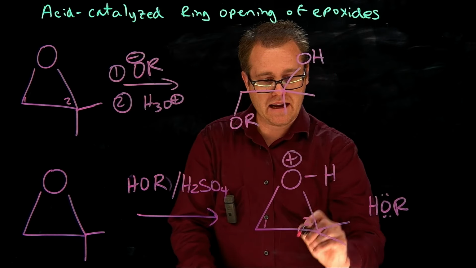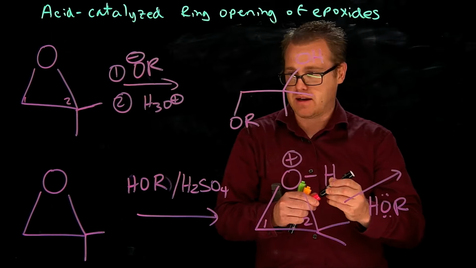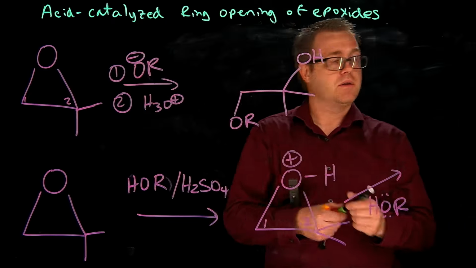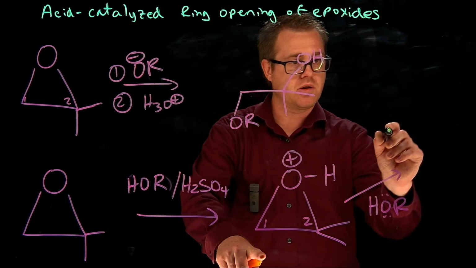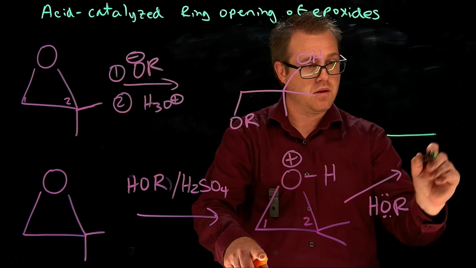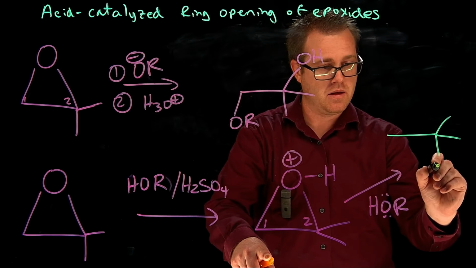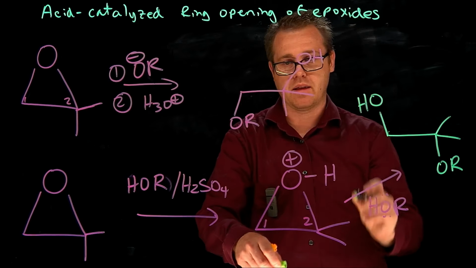It is going to attack at carbon 2. Now let's draw that product in a different color. So our answer for this reaction in the bottom right here is going to be this. We would have OR, OH, like that.